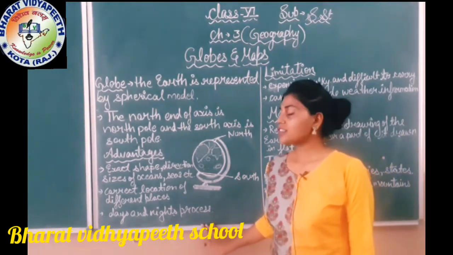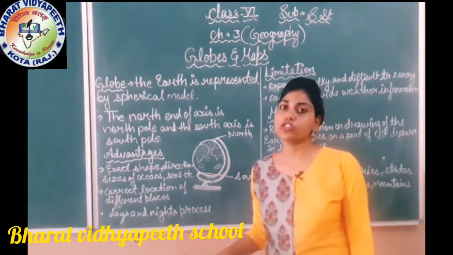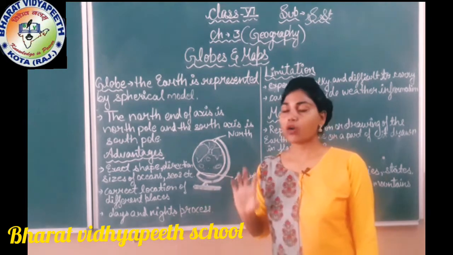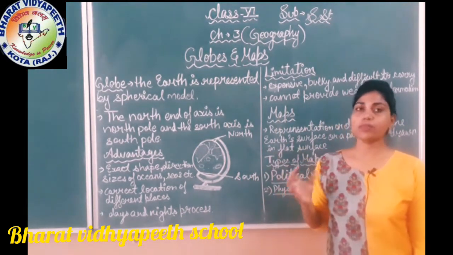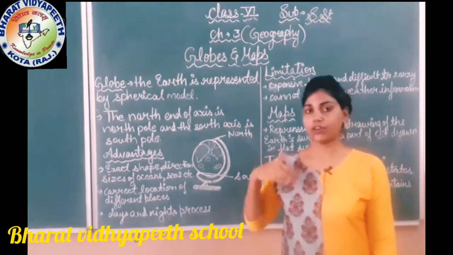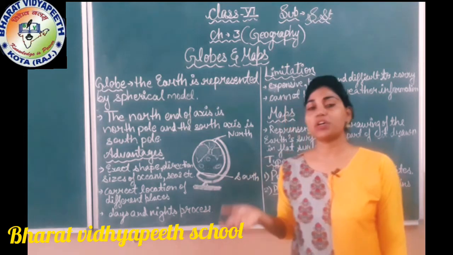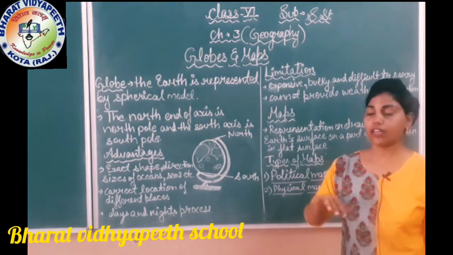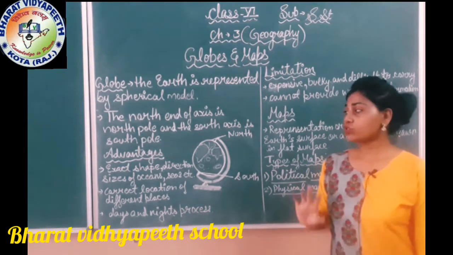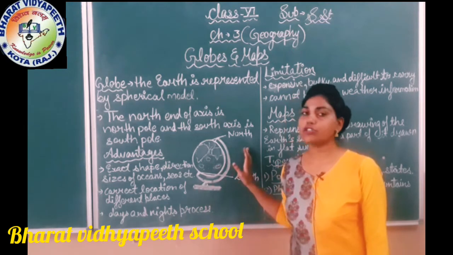The third thing we can get is knowledge of the process of day and night. How does day occur and how does night occur? It is a simple process. We can't see our earth from space, so to know which area has day and which area has night, we can use a globe.